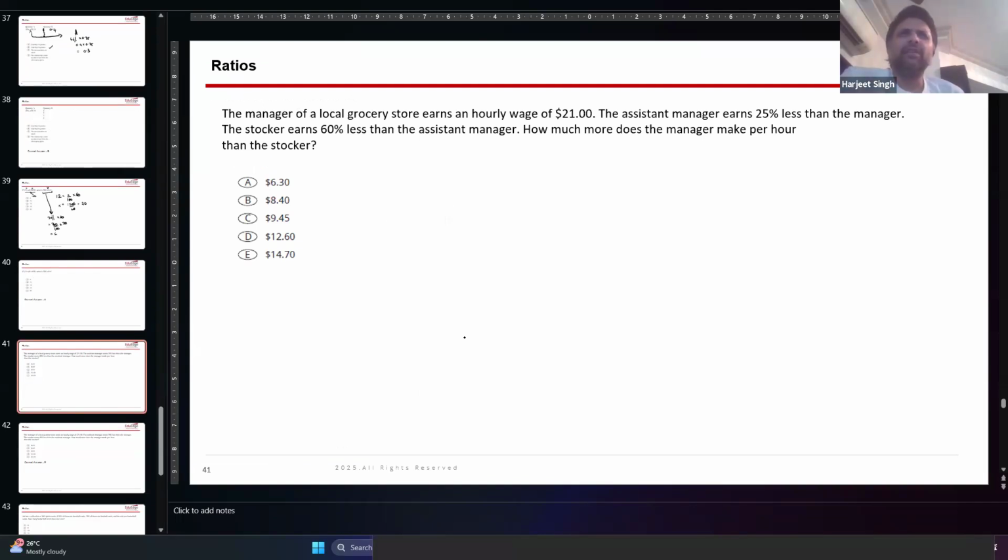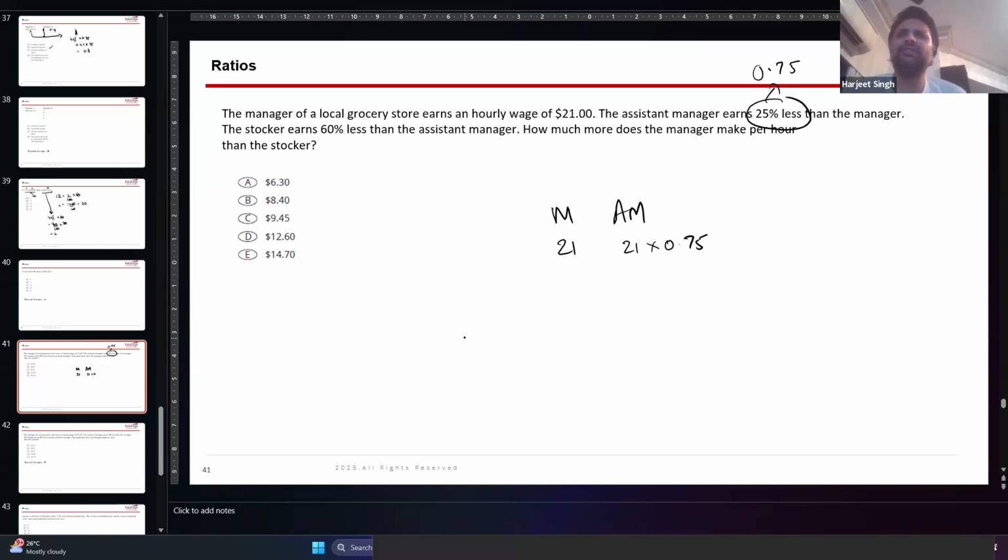Next, if a manager of a local grocery store earns an hourly wage of $21, so manager earns 21, assistant manager earns 25% less than the manager. I can express this as a factor which is 0.75. 25% less is 0.75.